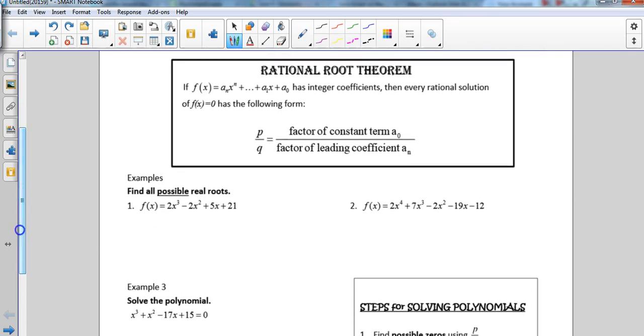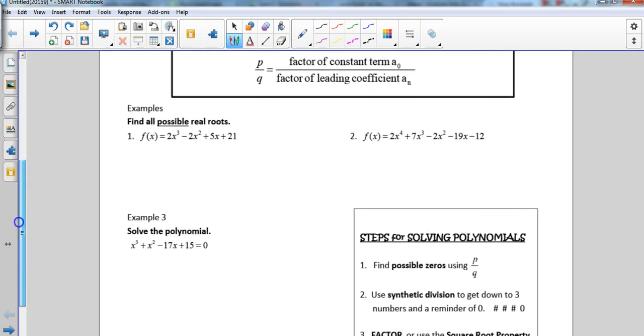This is just saying if we have a polynomial that has integer coefficients, then every rational solution has the following form: P over Q. P is the factor of the constant term, and Q is the factor of the leading coefficient.